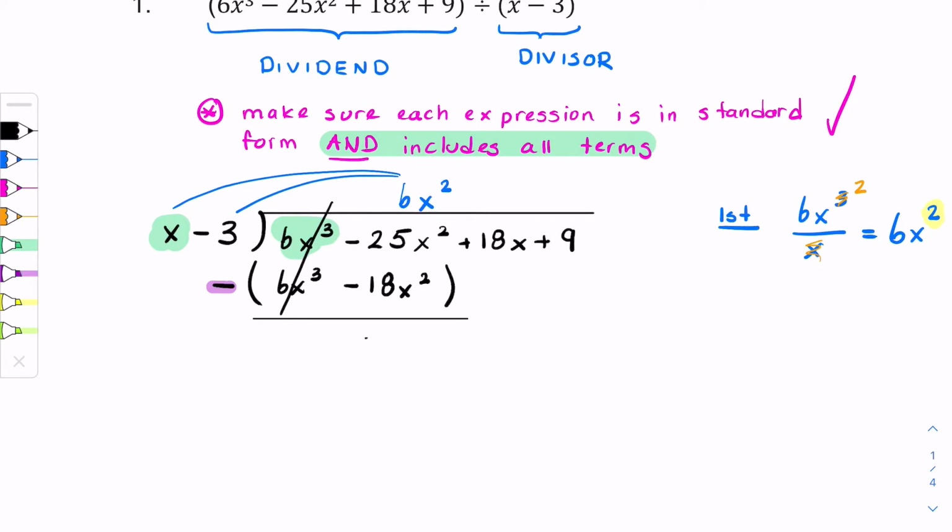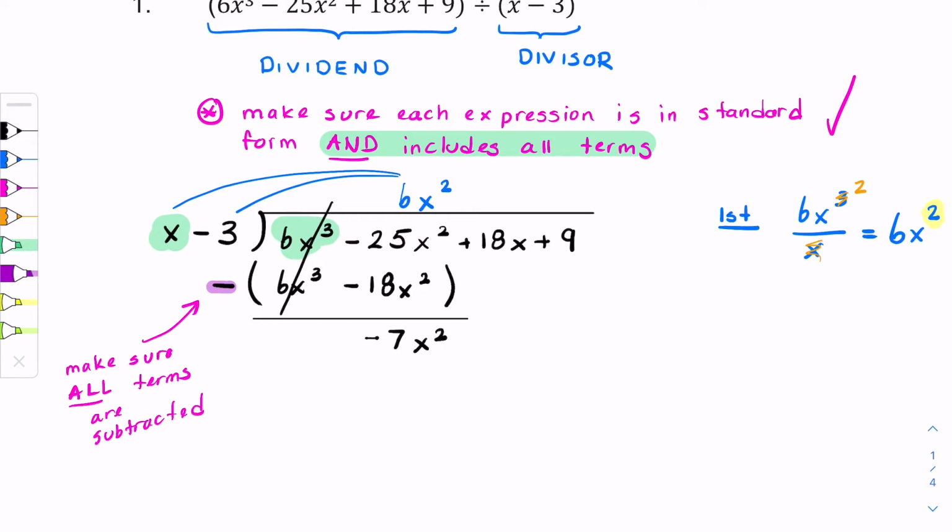So you end up with negative 7x squared. So make sure all terms are subtracted.